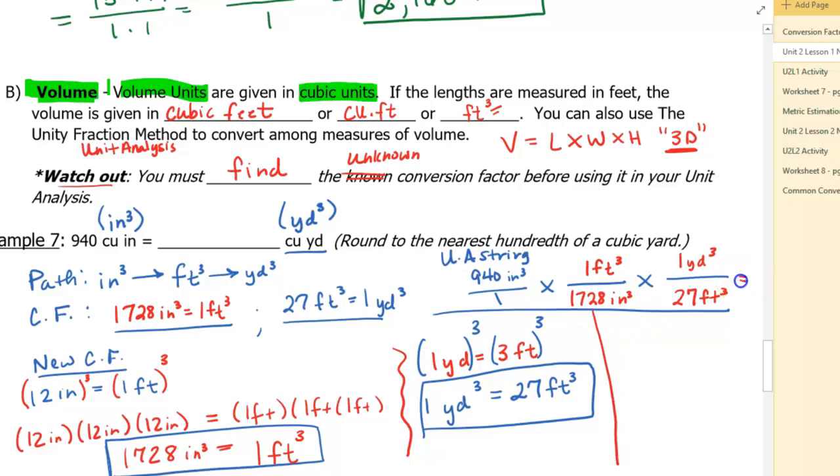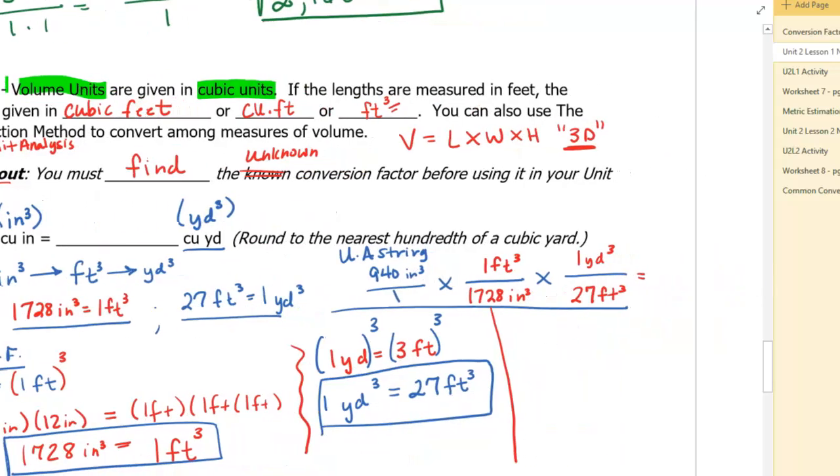Now doing the math, we're going to do top times top times top. 940 times 1 is 940. On the bottom, you're going to do 1 times 1,728 times 27, and that actually gives us 46,656.